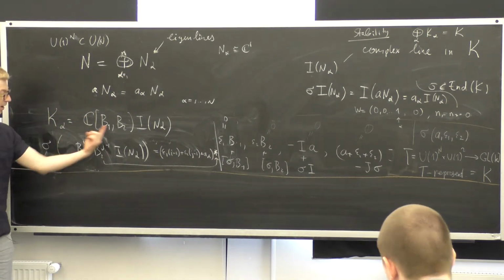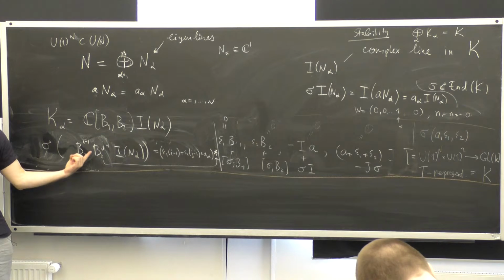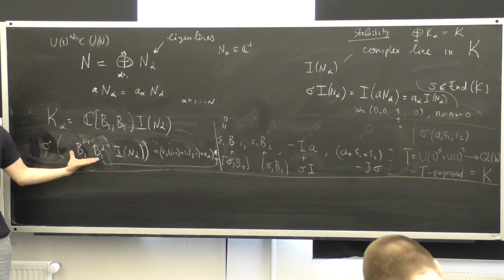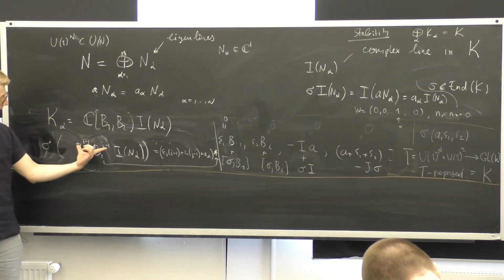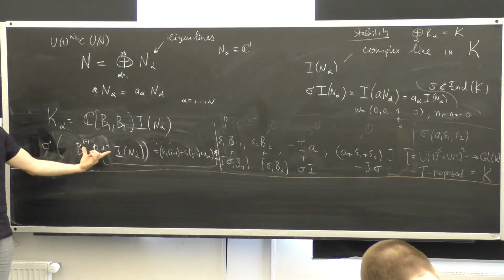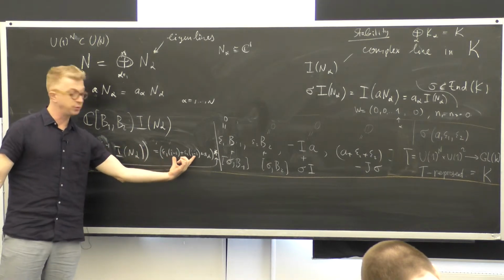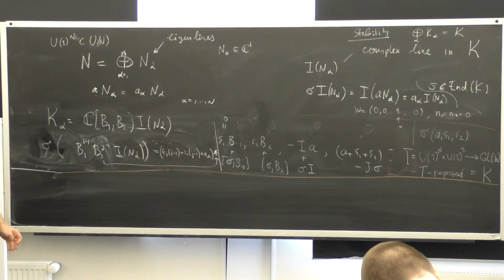So every vector of this form is an eigenvector if it is non-zero. It might be 0, so it might not actually correspond to any vector in K alpha. But if it is non-zero, it gives you a non-trivial eigenvalue of the matrix sigma.